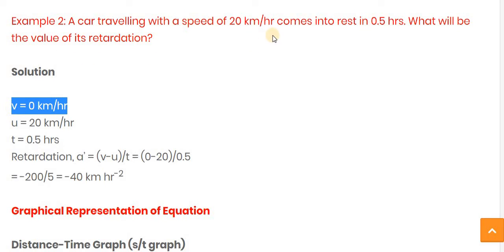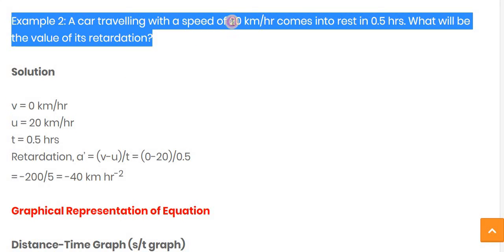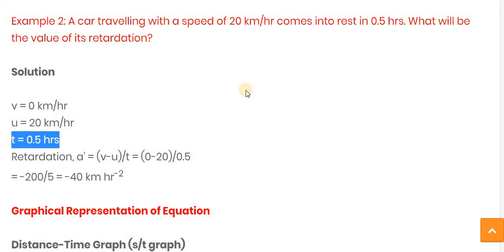V, as I explained, we have to consider as 0 km per hour because a car is traveling with a speed of 20 km per hour and then comes to rest, so its final velocity becomes 0. And u, the initial velocity, is given as 20 km per hour, and the time is given as 0.5 hours.